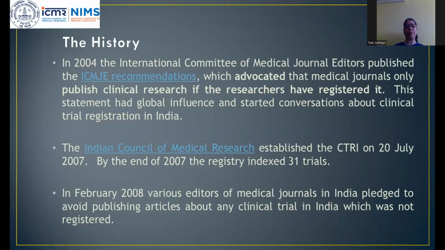In the year 2004, the ICMJE, the International Committee of Medical Journal Editors, published the ICMJE recommendation, which states that medical journals only publish clinical research if the researchers have registered it in a publicly available trial registry.